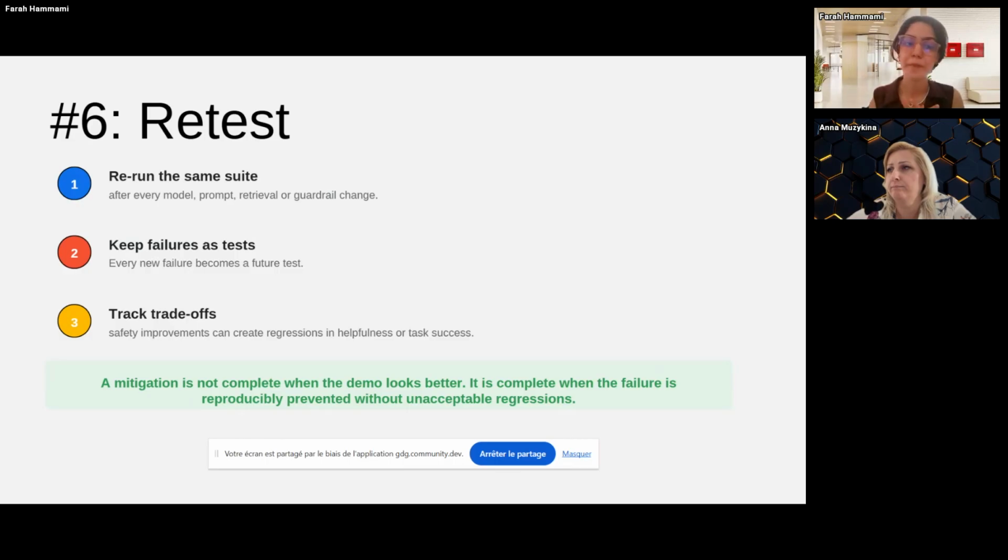So we're going to have to iterate again and retest. And we have to track the trade-off. When we fix something, the thing that used to work is no longer working anymore, so we need to check what's good for us and what's not.